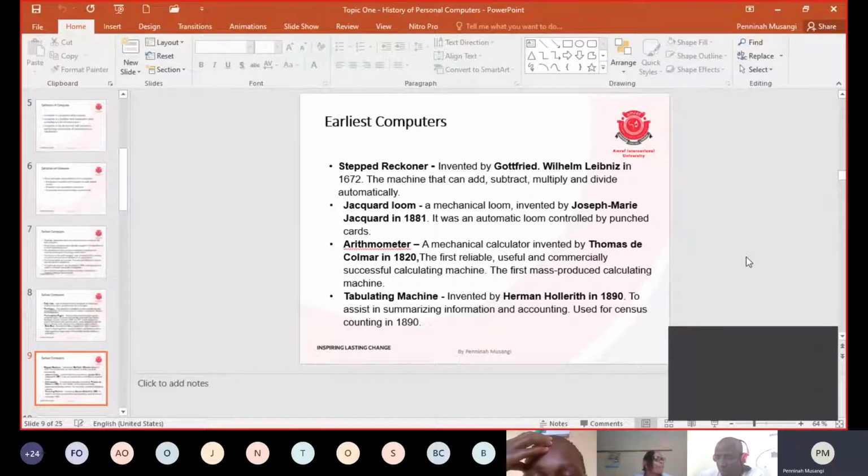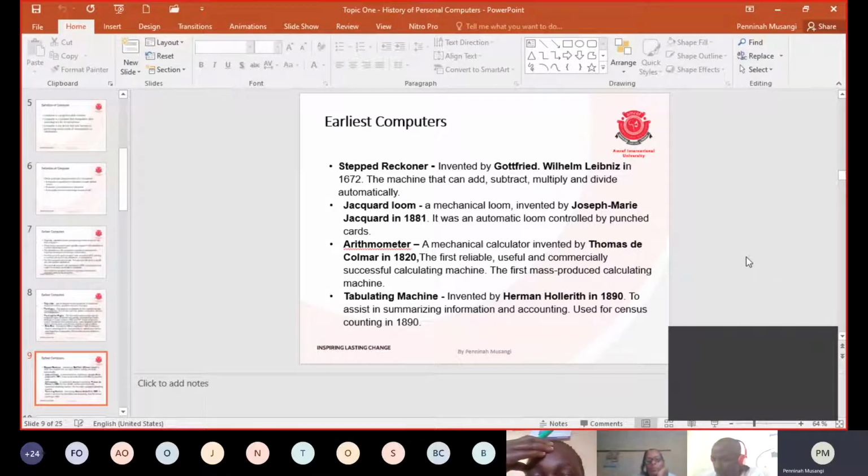The Jacquard loom was also a calculator or a computer to compute how the design would be woven. And the weaving was automatic, controlled by a punched card, which I've explained how a punched card works.